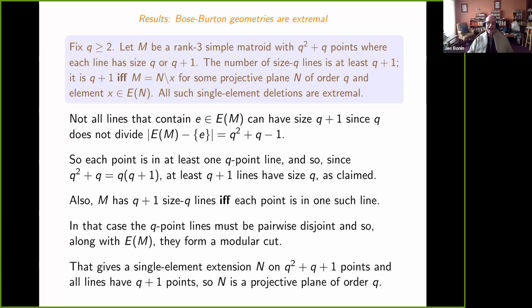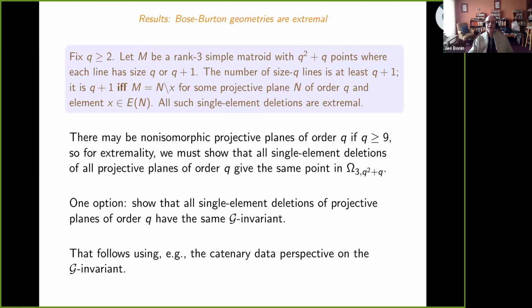And then with that, well, you can argue that all of these things have the same G invariant. So they all determine the same point. So they're extremal. Okay. So that's how you deal with single point deletions of projective planes.